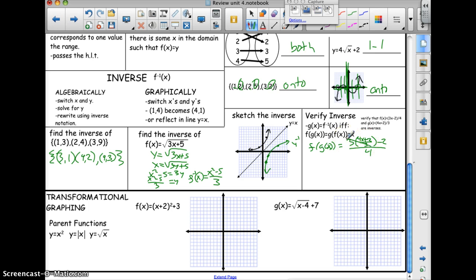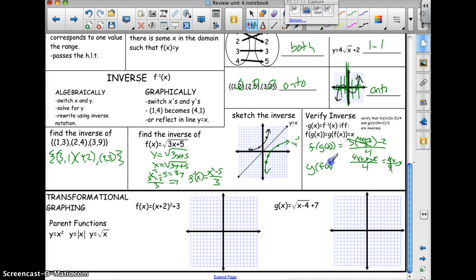So I'm going to have 4x plus 2. Yeah, the 2's are going to cancel after that. So I'm going to have 4x plus 2 minus 2 over 4. And then those will cancel. And I get 4x over 4. And then the 4's cancel, and it does equal x. And it should work the other way as well.